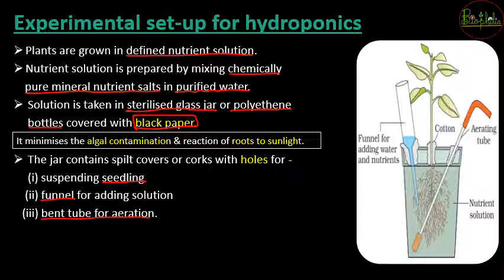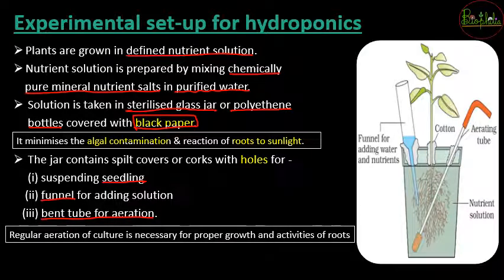Now aeration क्यों चाहिए? Aeration is very important to keep the proper growth and activities of the root, because root भी एक living structure है. So because it is a living structure, it needs continuous source of oxygen. So पानी से oxygen लेना is going to be a bit difficult for the roots. So we are going to provide the additional aeration so that the continuous oxygen supply can be maintained into that nutrient solution.